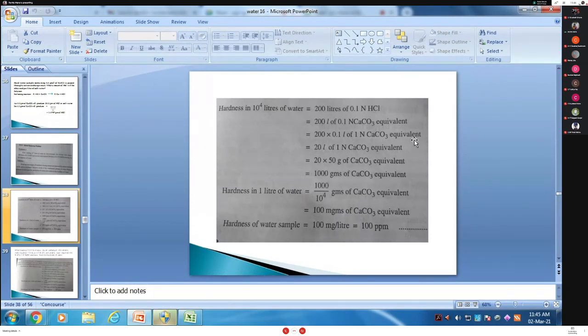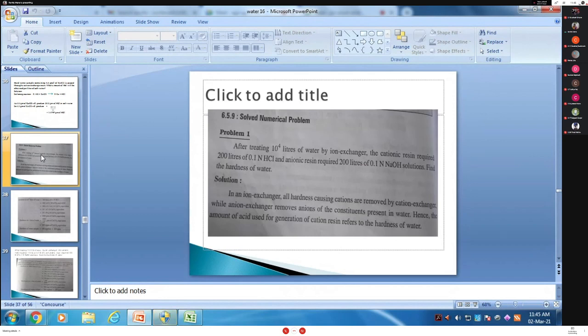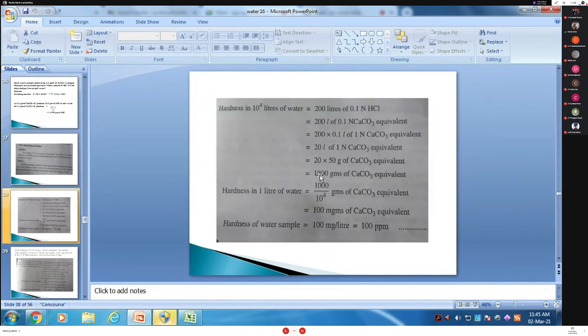Write down the steps. Each step is important. Then 20 liters of 1 normal CaCO3 equivalent. So 20 into 50 grams of CaCO3 equivalents.